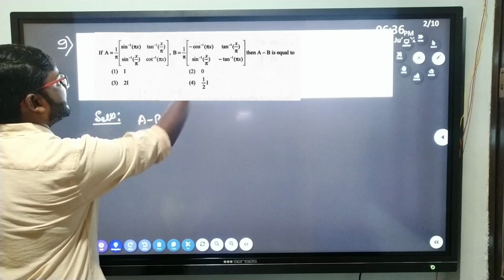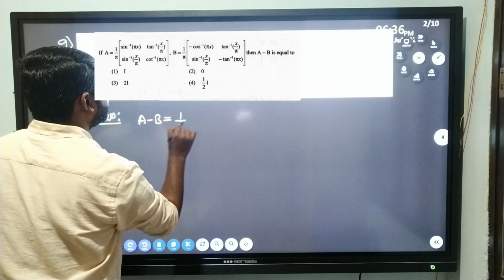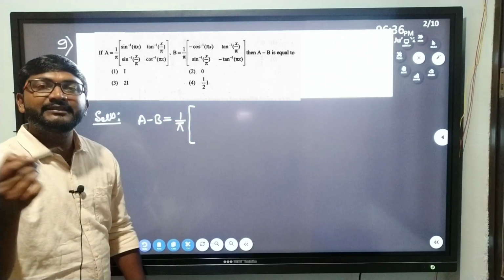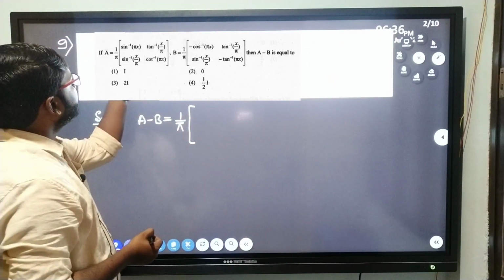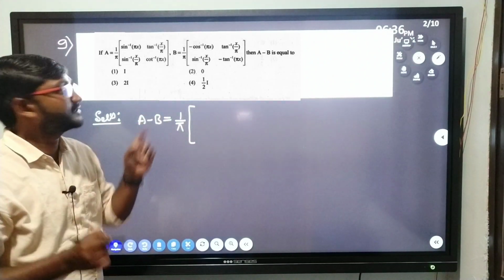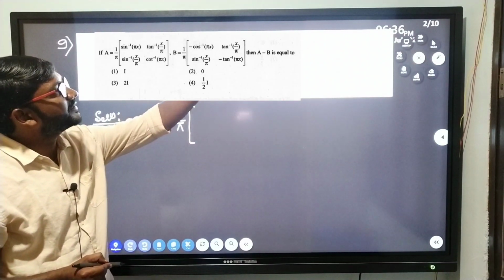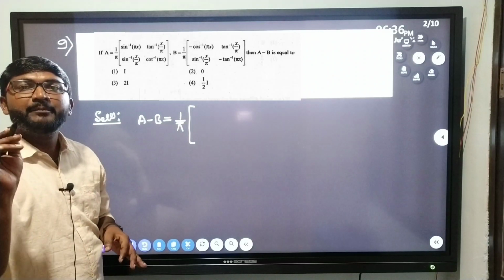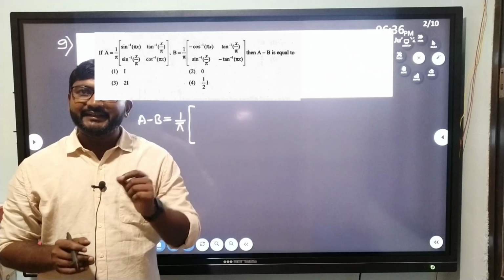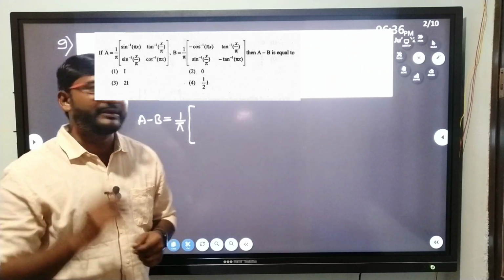If you take A minus B, 1 by pi will be common now. Now subtract the corresponding elements. Sin inverse pi x minus of minus, it is plus. Sin inverse pi x plus cos inverse pi x will be pi by 2, because we have studied a property in the inverse trigonometric functions: sin inverse x plus cos inverse x is pi by 2.